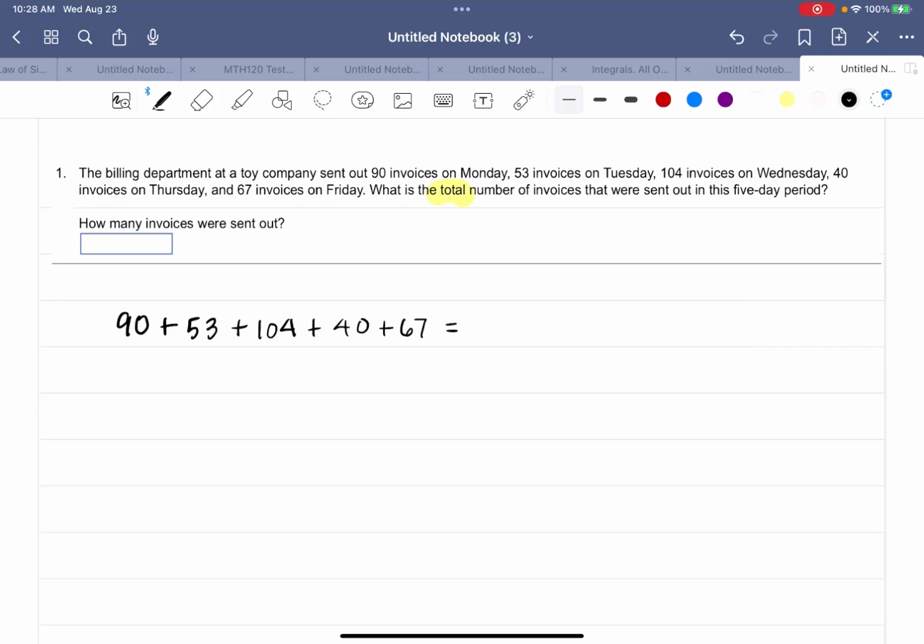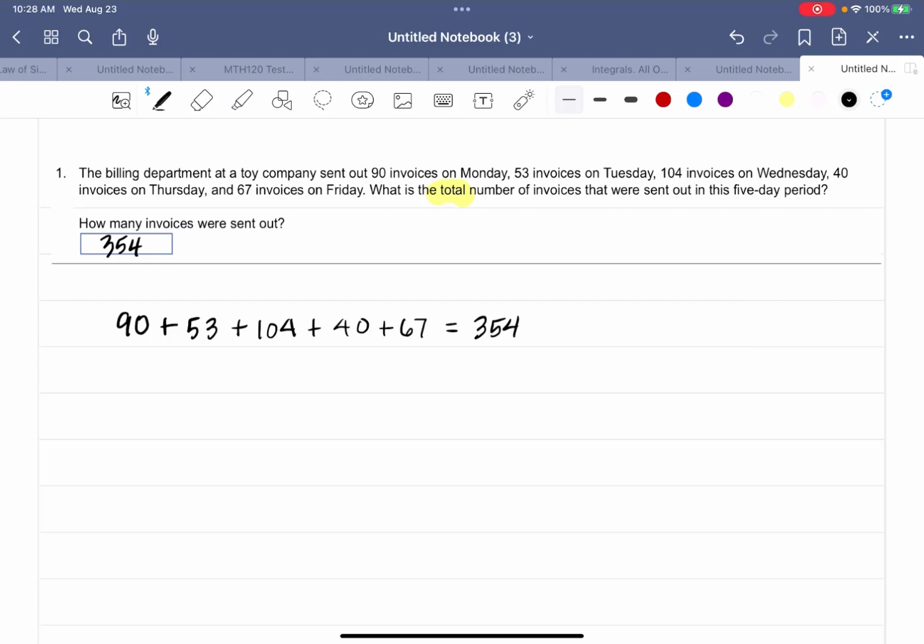Now at this point, I could do this manually, but most likely I'm just going to take out a calculator and type in 90 plus 53 plus 104 plus 40 plus 67 to get a total of 354. So that makes sense that 354 invoices were sent out.